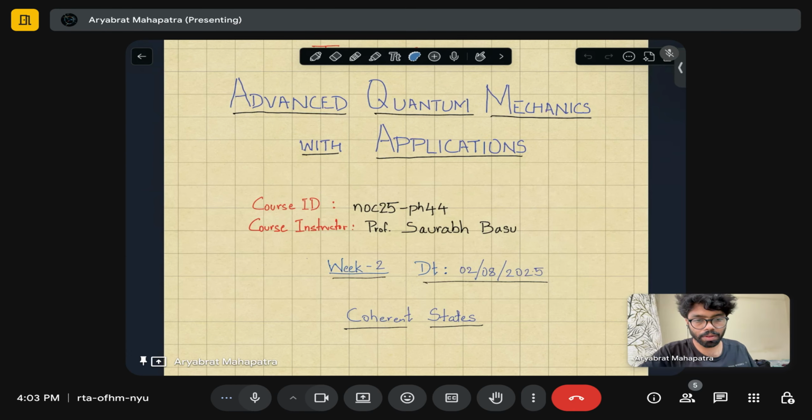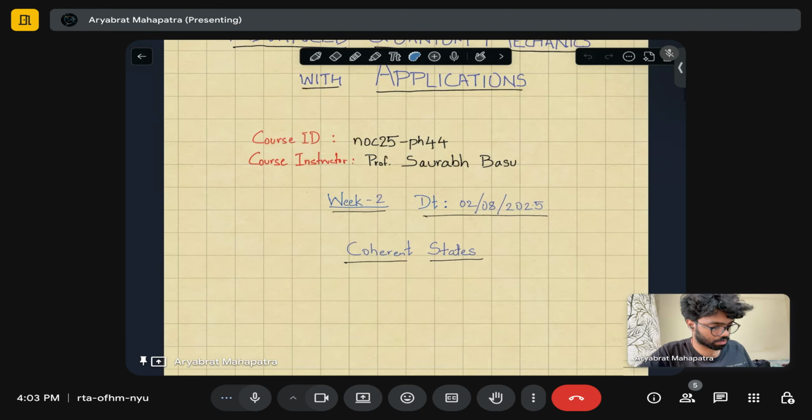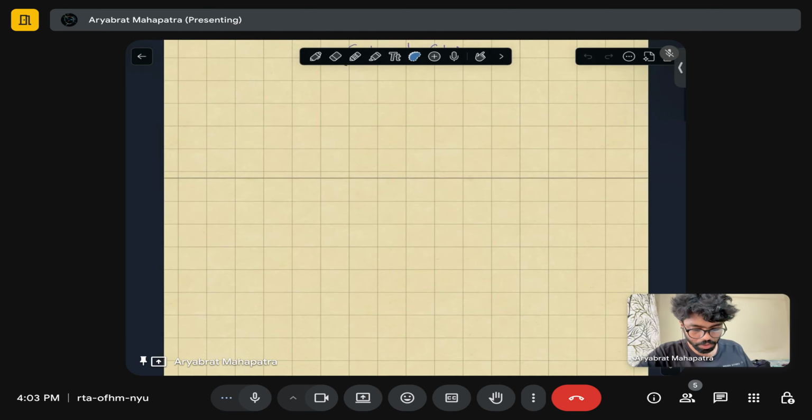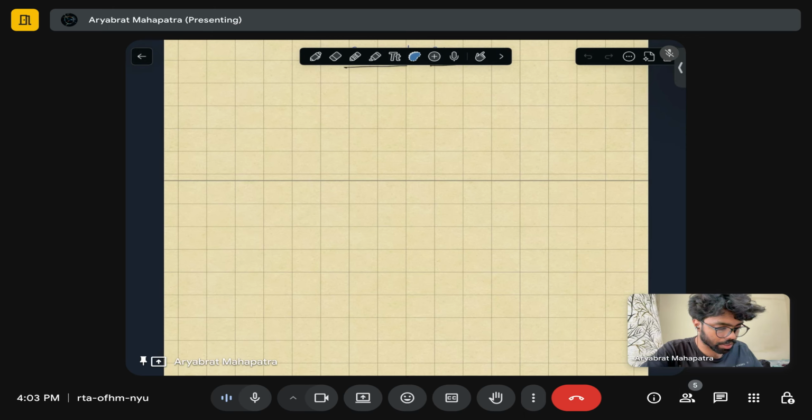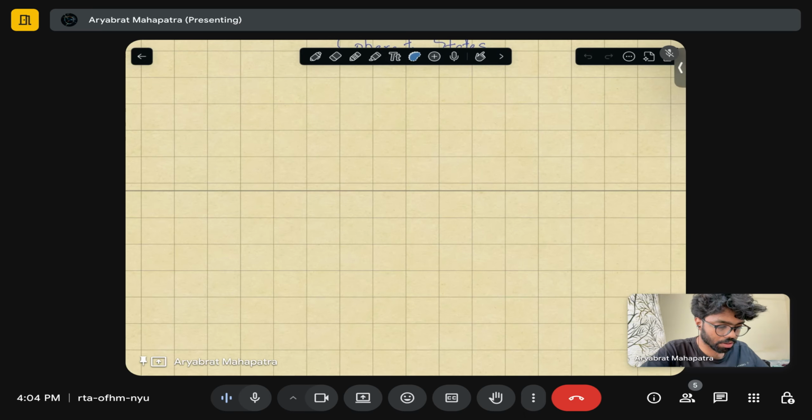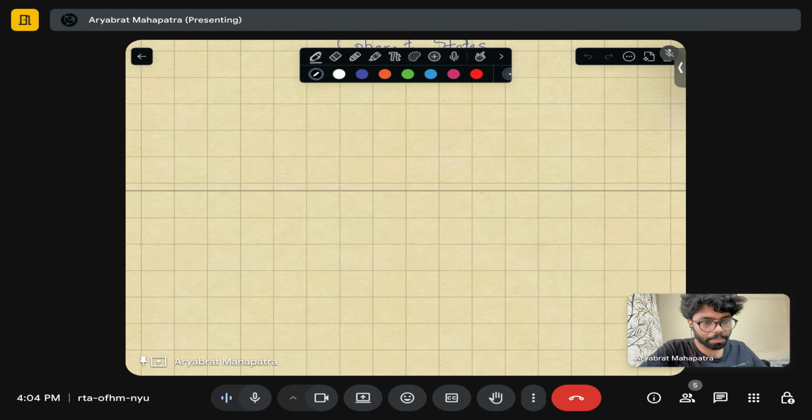So now we will discuss coherent states. I will give you a brief idea about what coherent states are, but it is already explained well by the instructor in the lecture videos, in more detail.